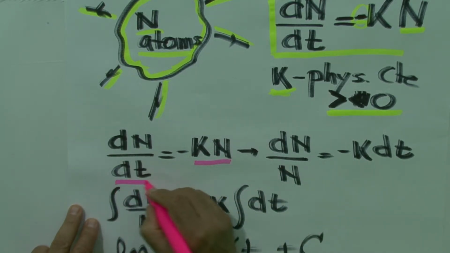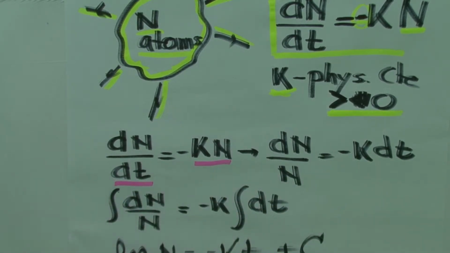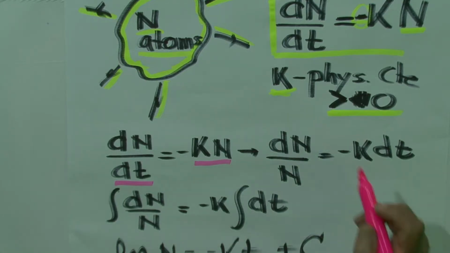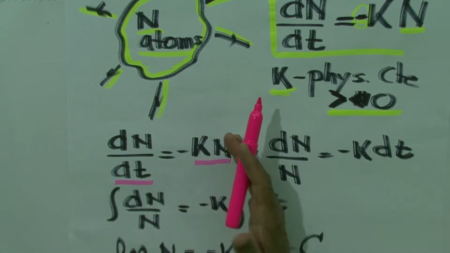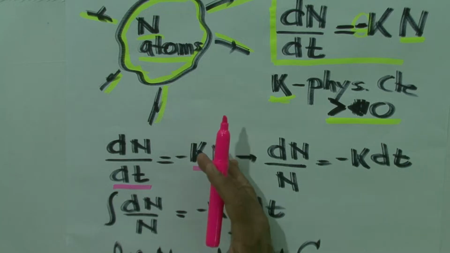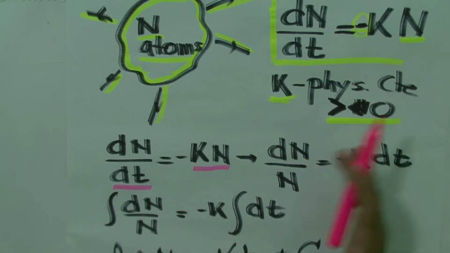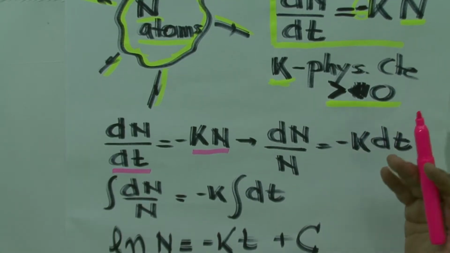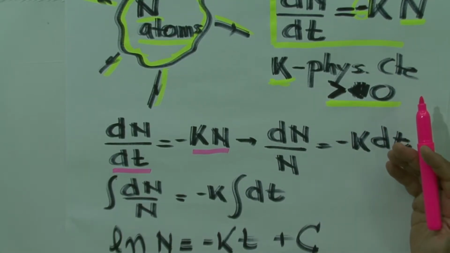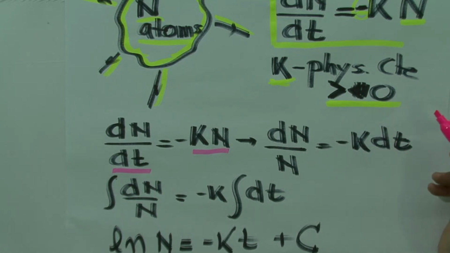So that's the equation. And when that happens, we try to isolate. We try to put everything that's number on one side and everything that's time on the other side. So we try to isolate the two involved quantities in the problem. k is a constant, so it doesn't matter.